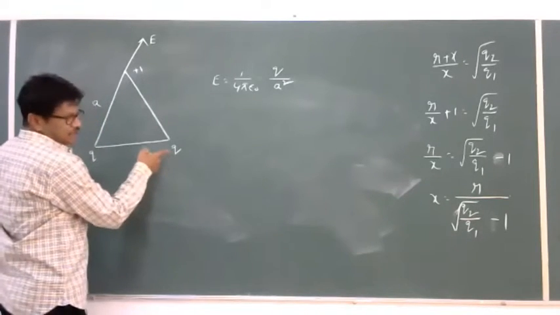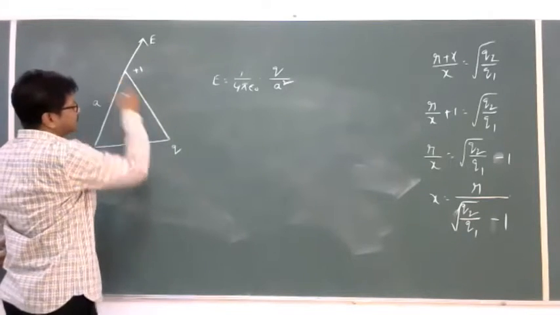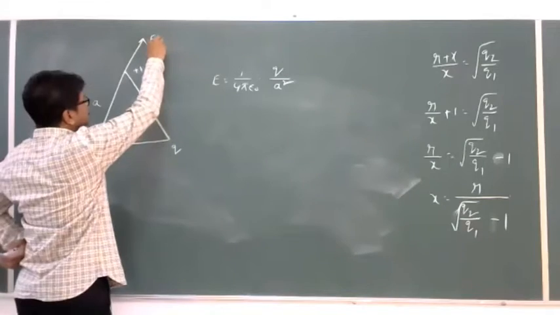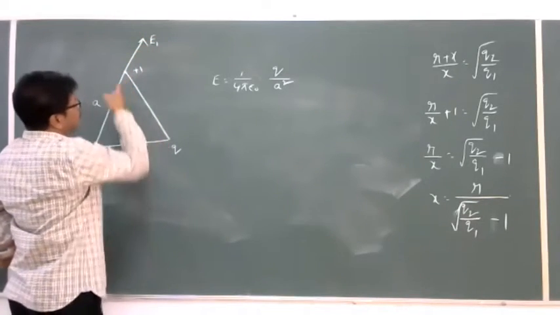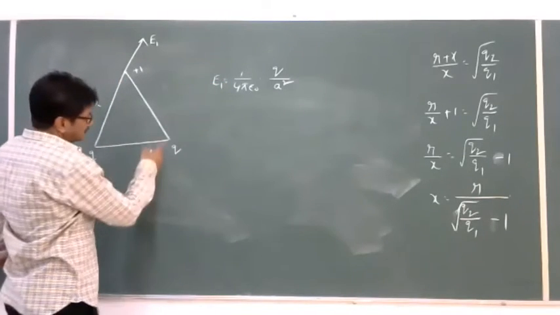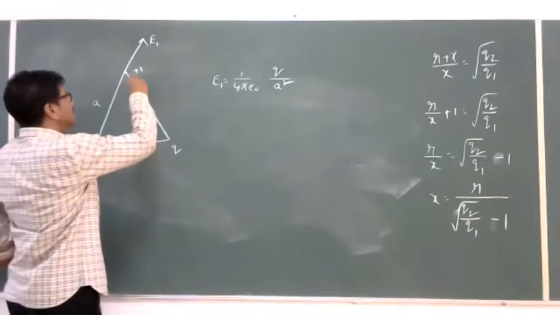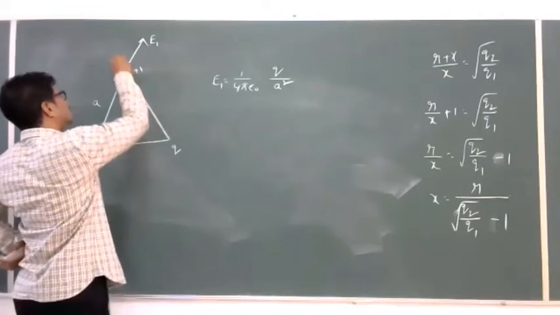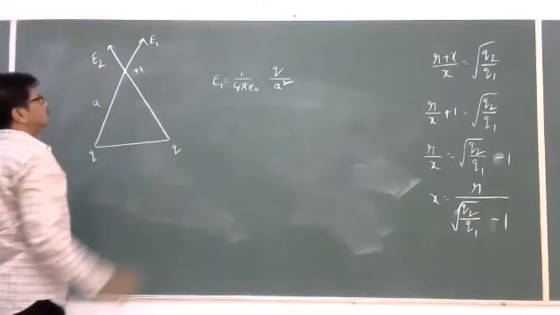Similarly, because of this charge, one more electric intensity will act. If this is E1, for convenience, because of this I am calling it E2. Now this is positive and this is also positive. Again the direction of electric intensity will be like this, E2.